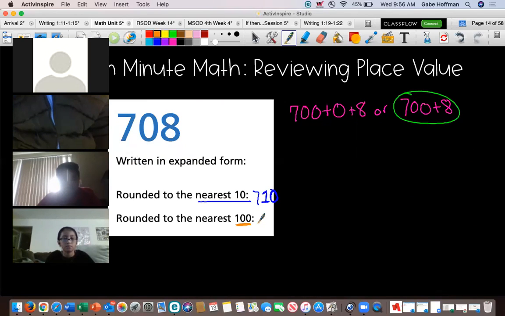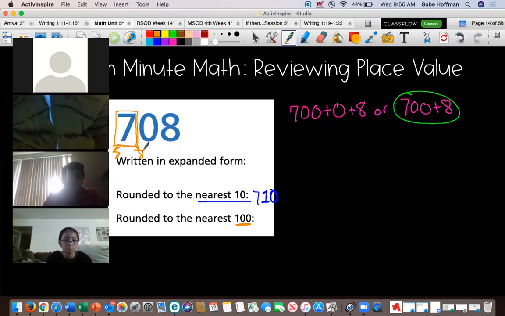Because it's in what place? What place is that 7 in? The ones, tens, or hundreds? Hundreds. So my 7's in the 100s place. So I'm deciding whether or not I'm going to let it rest at 7 or raise the score to 8. I have to make that decision.